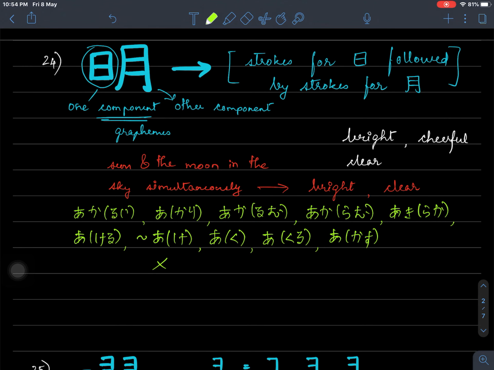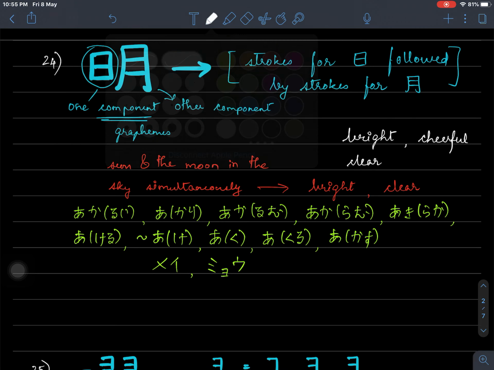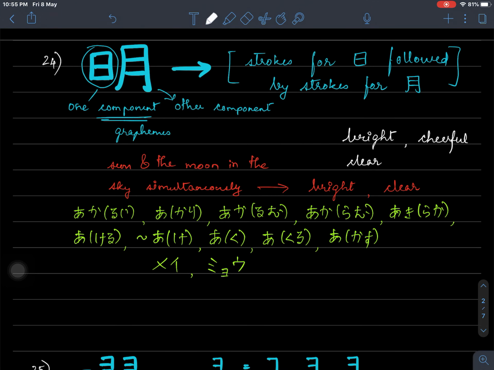It's very simple. Mei, myo, mei and myo. Okay. Now let's have a look at some words. There's quite a few words, so I may end up erasing some details here.